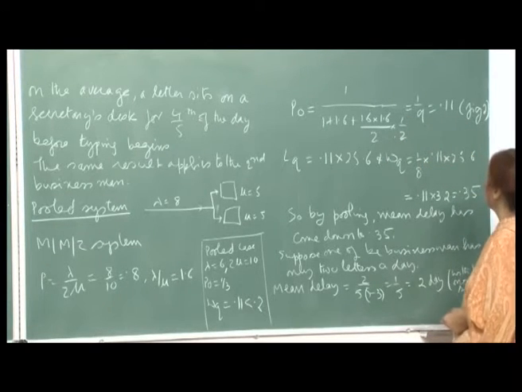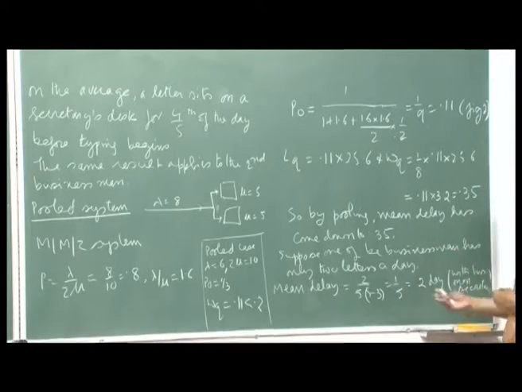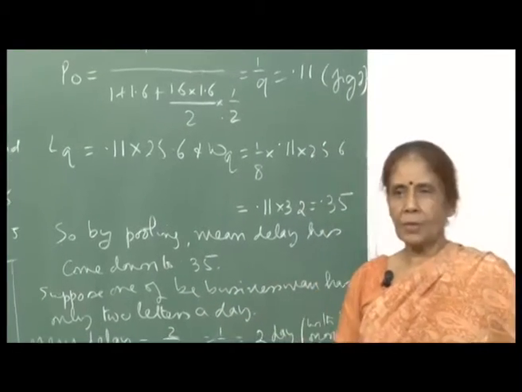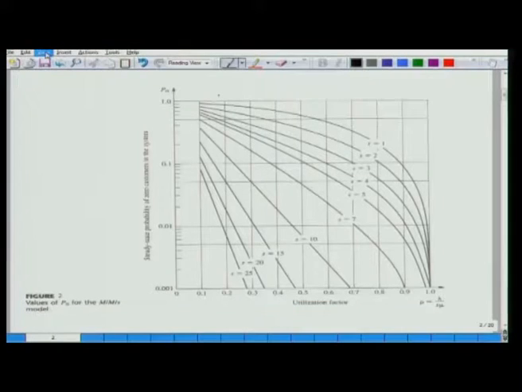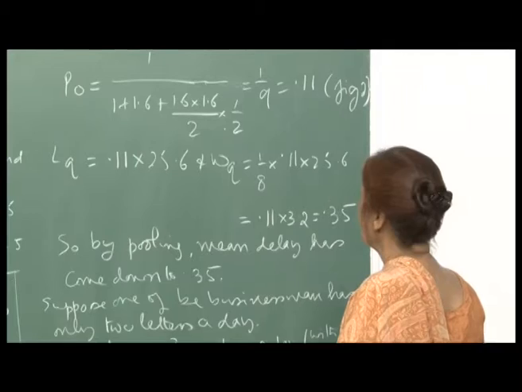So, this is 0.11. For larger systems, if that graph is plotted, you can just look up the value of P naught without having to do the lengthy calculation.